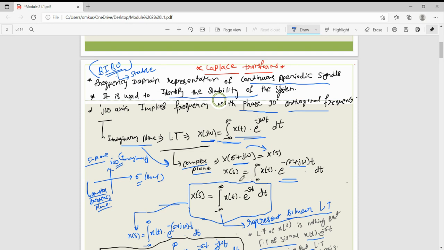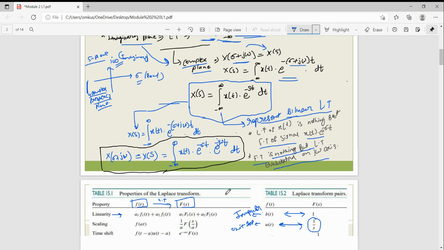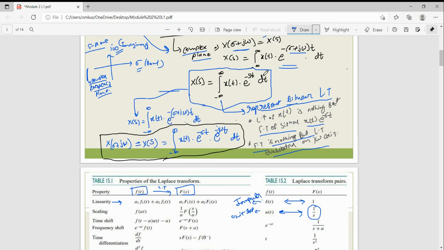Now rewrite this equation. You will get x of t e to the power of minus (sigma plus j omega) t. In a similar way, you can replace these terms into s form also, by which you will get the standard format. Now you can further divide this, and you will get these terms, right? It is simply calculation, or you can say the analytical part is taken here.